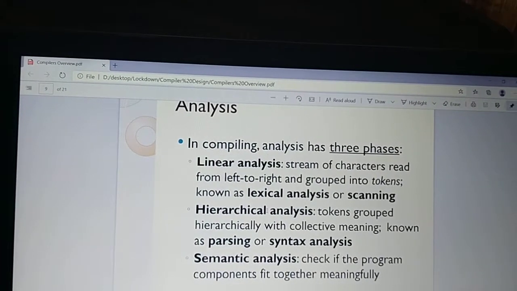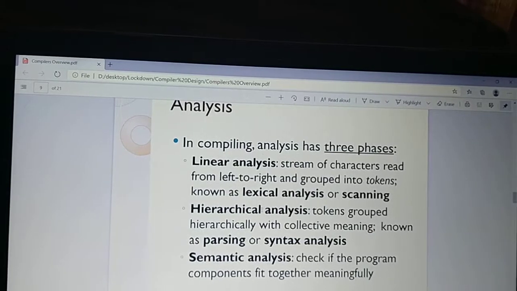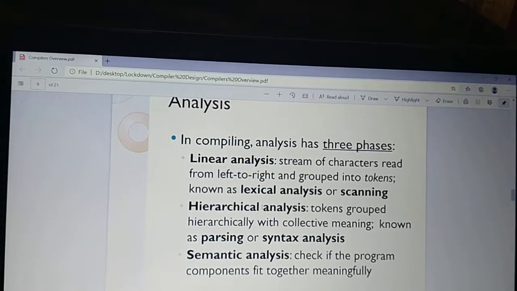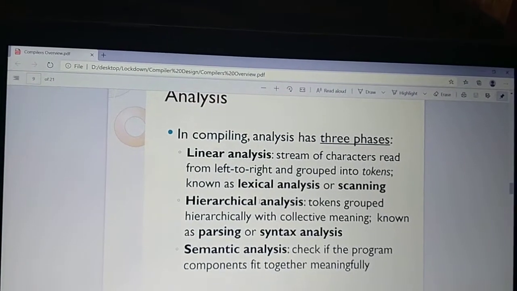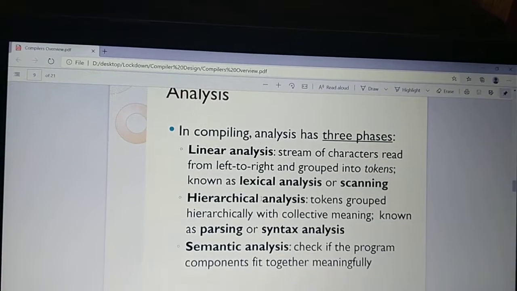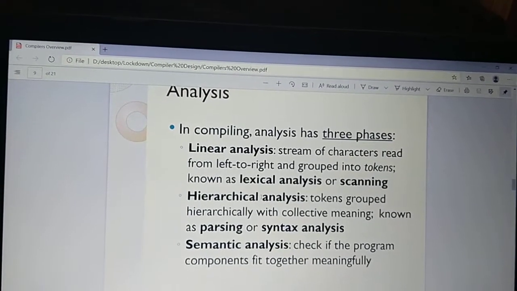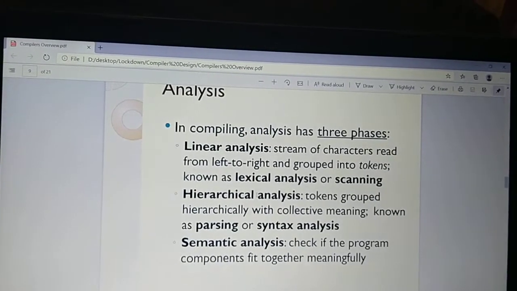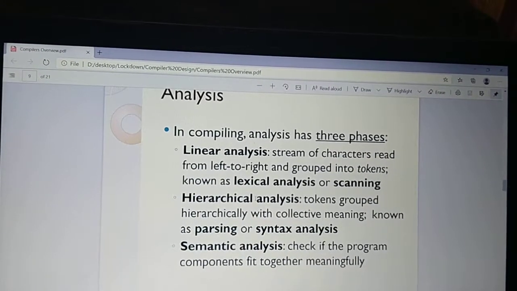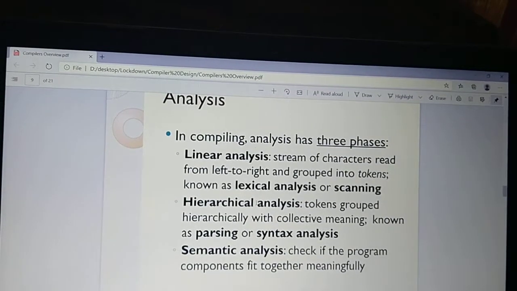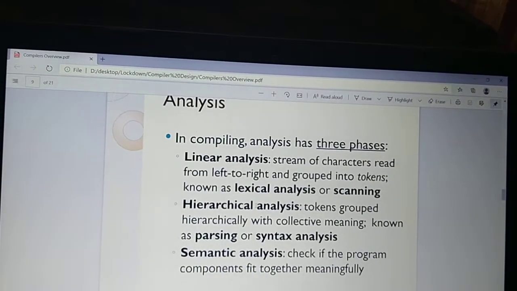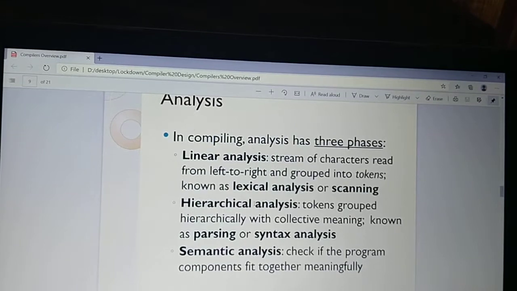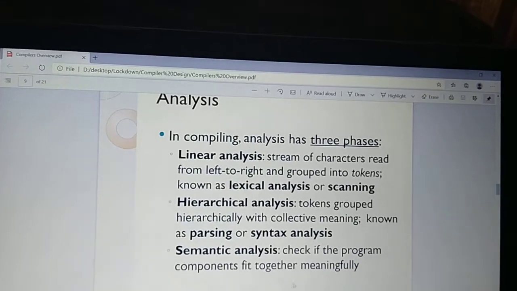The second phase of analysis is the hierarchical analysis phase. Here, the tokens are grouped hierarchically with a collective meaning, known as parsing or syntax analysis. The third phase of analysis is the semantic analysis phase, which checks if the program components fit together meaningfully or not.